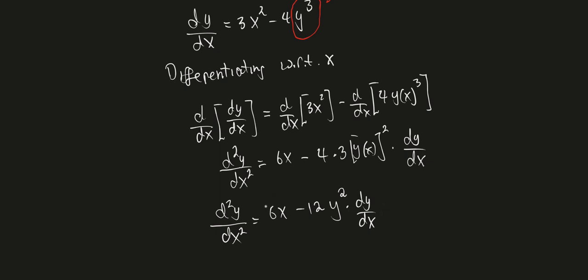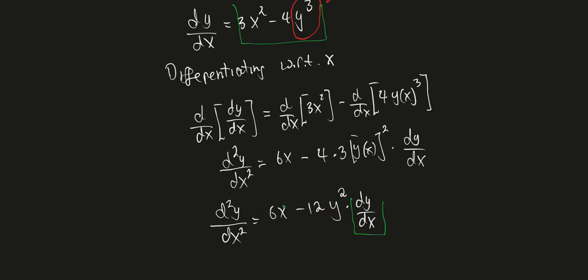But it turns out I could do a little bit of algebra to get the second derivative to look a lot like the first derivative. In other words, since I know what dy dx is, dy dx is this expression, right? Why don't I take that expression and just put it there? And then I can get the second derivative solely in terms of x and y.